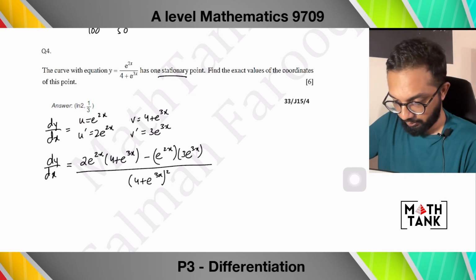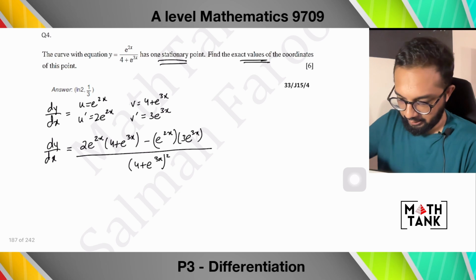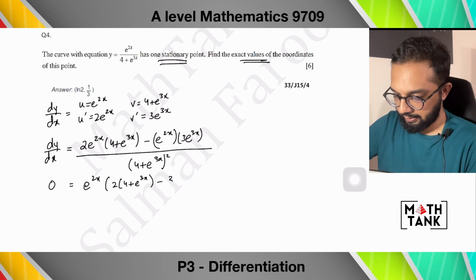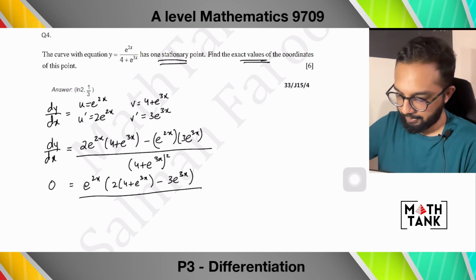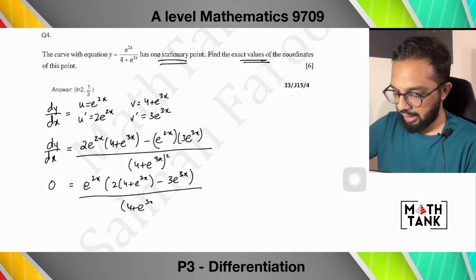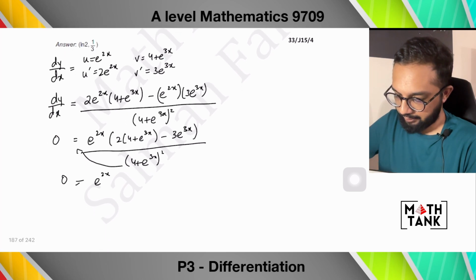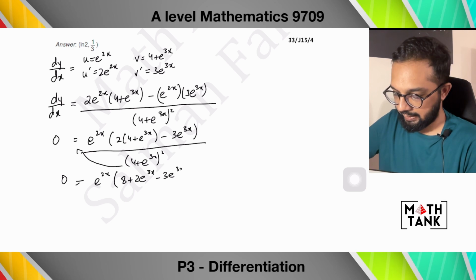This time I want to find the stationary point, find the exact values. So stationary point means that I have to equate this to 0. Let's figure out what is common. I see e power 2x is common. So I'm going to say that this is 2 into 4 plus e power 3x minus 3 e power 3x. And the denominator actually gets cross multiplied. I'm going to do that in the next step. And that gets equated to 0. Okay. So 0 is e power 2x, 8 plus 2e3x minus 3e3x.